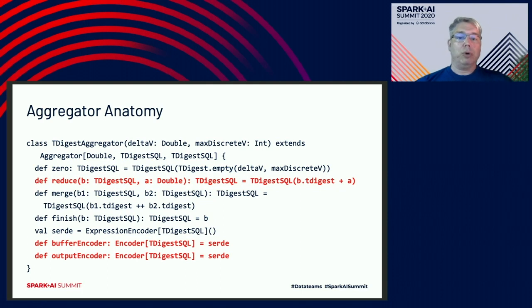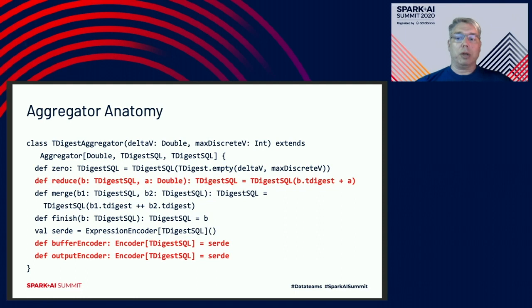The first thing I want to point out is that you can see that the implementation in this case fits entirely on a slide. There is no code that I had to leave out. So the aggregator interface is a much simpler and cleaner interface to work with. The second thing I want to point out is that if you look at the reduce method, like the update method from the slides we had before, it's not operating using an aggregation buffer.